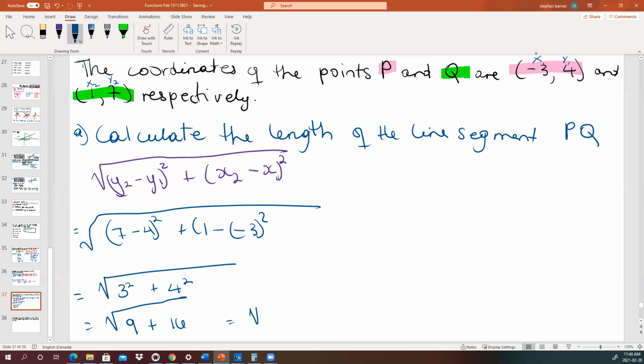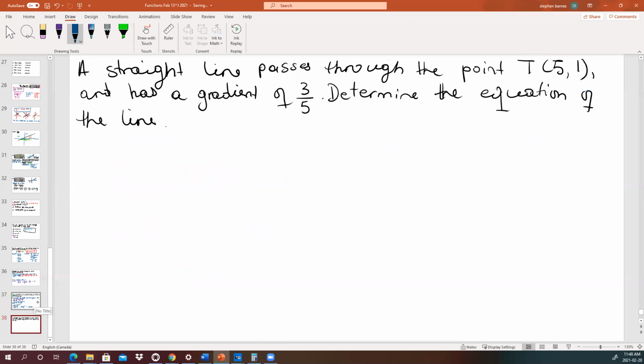So you now have, I think that's 25. 25 under the square root sign. And the root of 25 would give you 5 units. Questions? Any questions? No? Right, so we can move on to the last one.